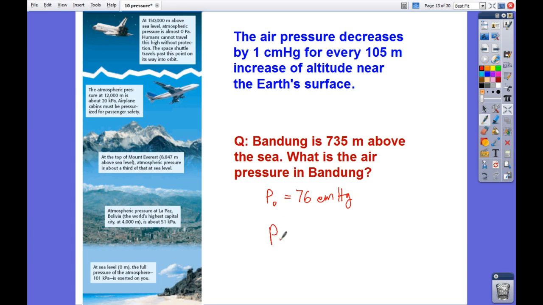So the pressure in Bandung equals the pressure at the sea minus the height over 105. Let's see, 76 minus 735 over 105. So it's about 69 centimeter of mercury.